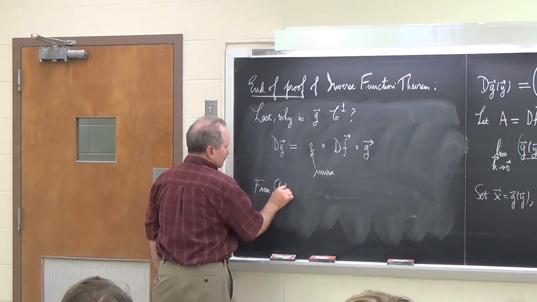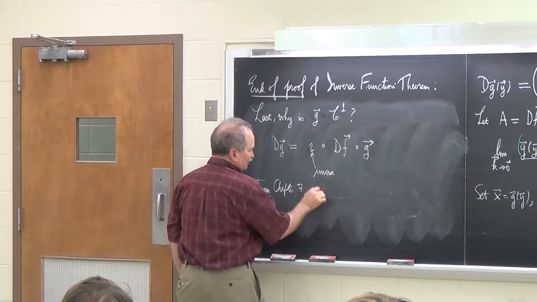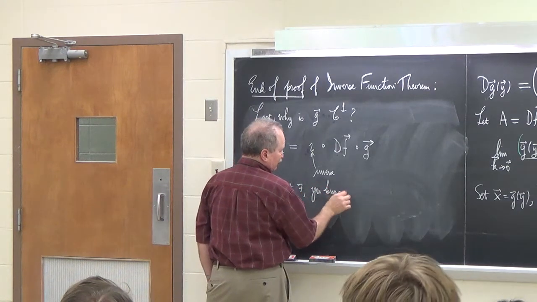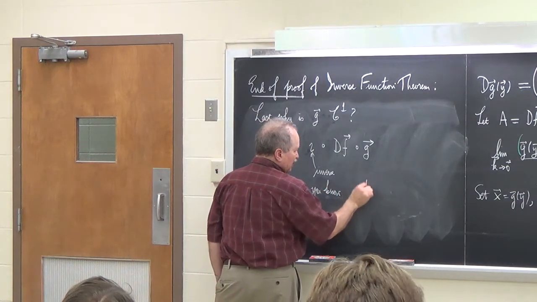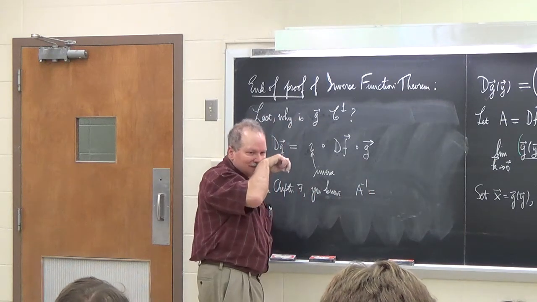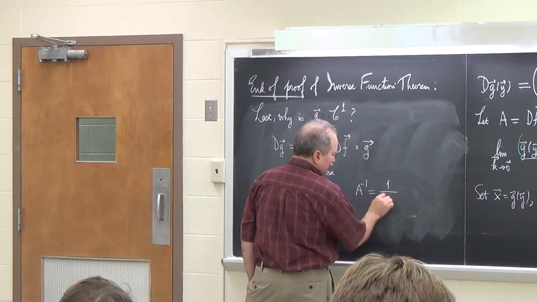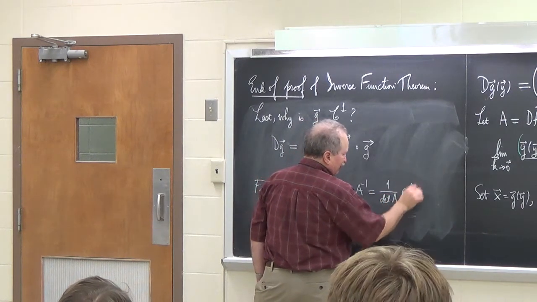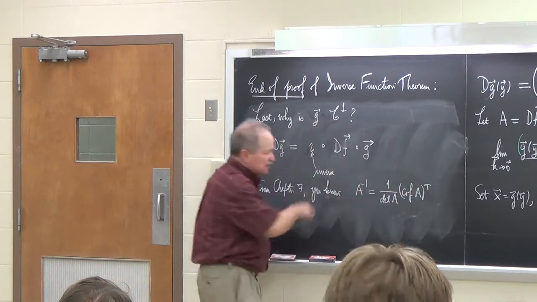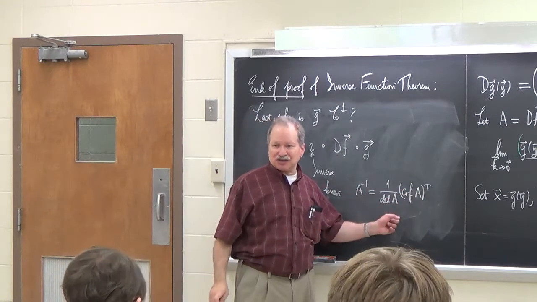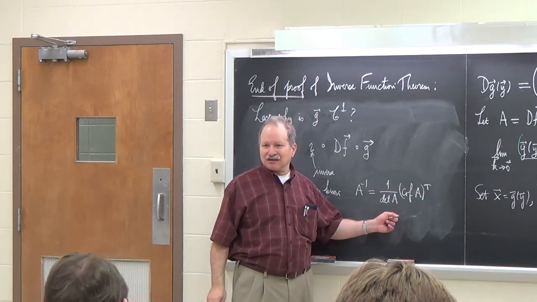Close. No. What was the formula for the inverse? One over the determinant of A times the cofactor matrix. So the entries of A inverse are rational functions in the entries of A.